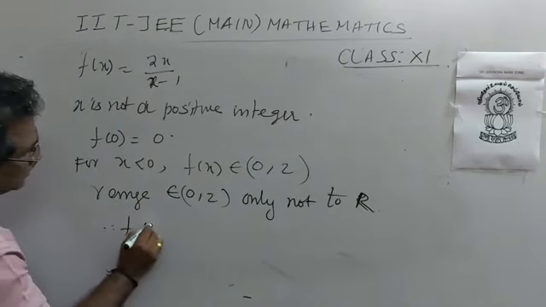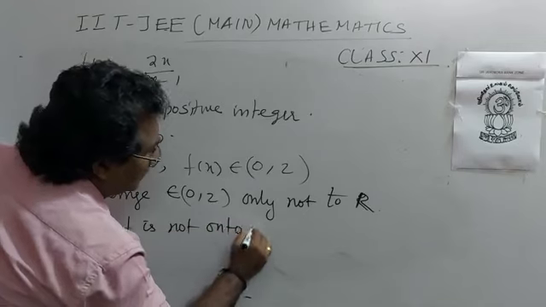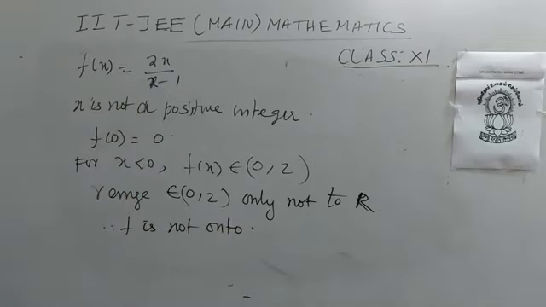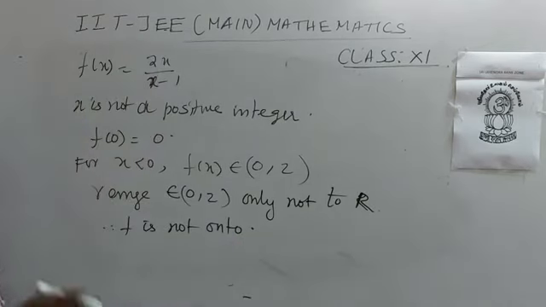Therefore, f is not onto, that is, f is not surjective. One-one means injective, onto means surjective. F is not surjective.